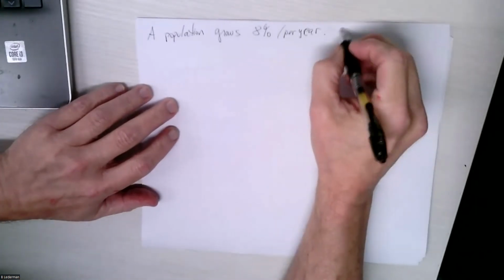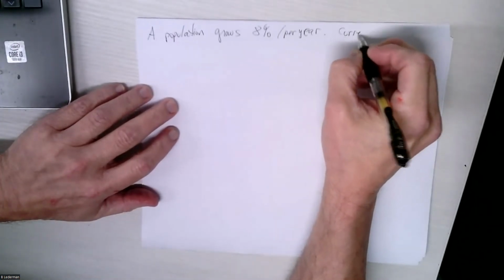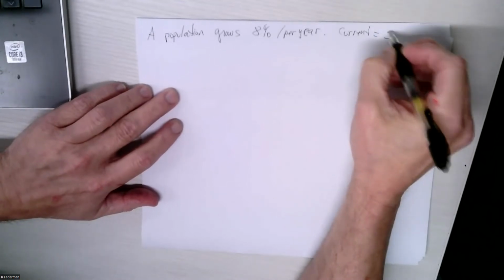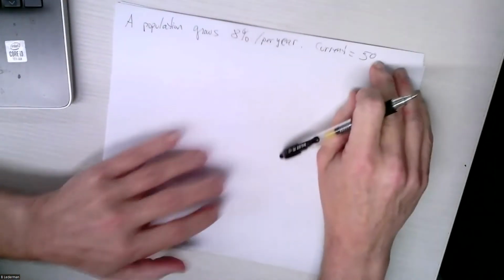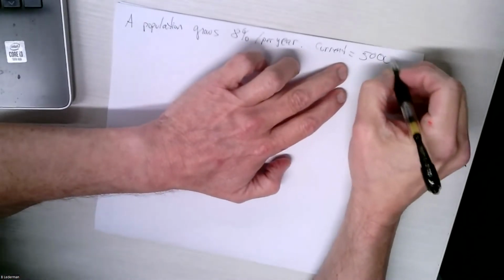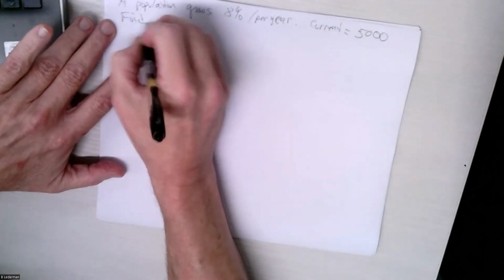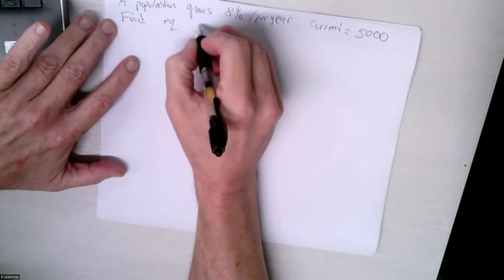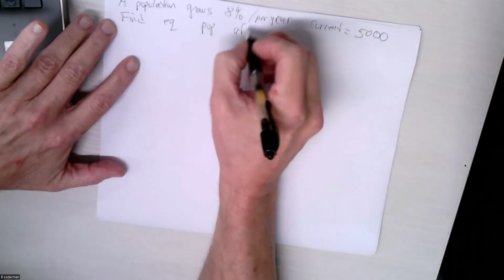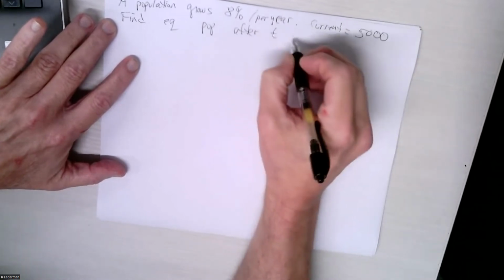And currently it's 5,000. We want to find an equation for the population after t years.